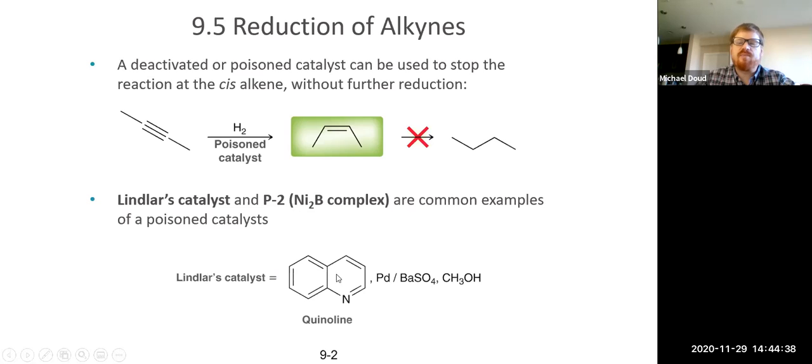So Lindlar's catalyst basically is you take this quinoline, you put palladium in barium sulfate solution and methanol, and that is a way that you can stop this palladium surface basically from going from the alkene to the alkane. You just stop it at the cis alkene. Same thing with the P2. So you could do either of these here. And oftentimes you'll just write Lindlar's catalyst. So you do H2 plus Lindlar's catalyst, or H2 P2.